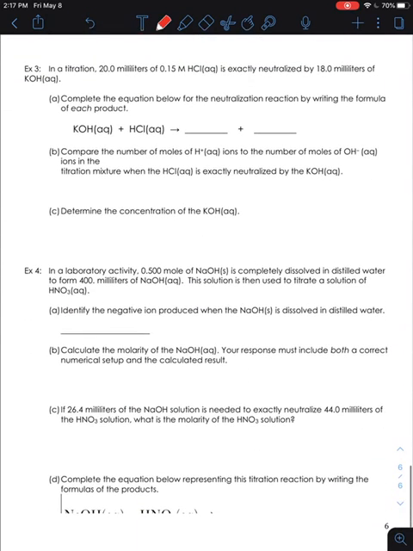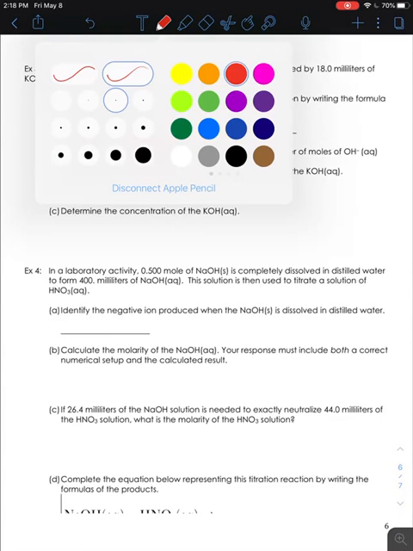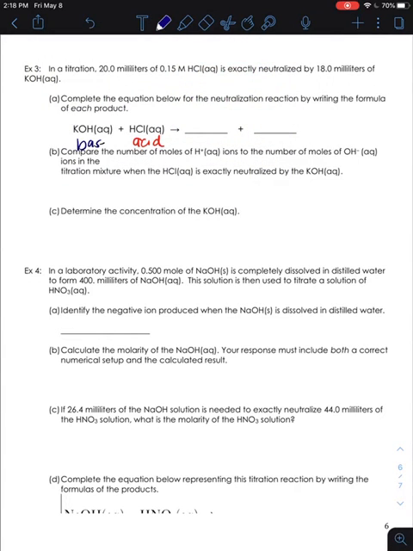Now, in the case of other types of titrations, you might have to balance the equation. So when we look at example 3, you might be given a question like, this is an acid, this is a base, and I know that by looking at Tables K and L. What is it going to make?